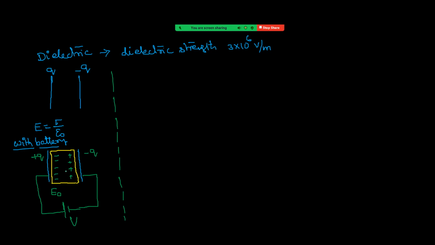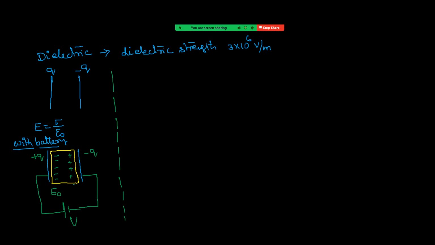Whether the dielectric is there or not, irrespective of that, between the plates of the capacitor the potential difference is always equal to V. That means before inserting the dielectric it was V, and now also it is V only.